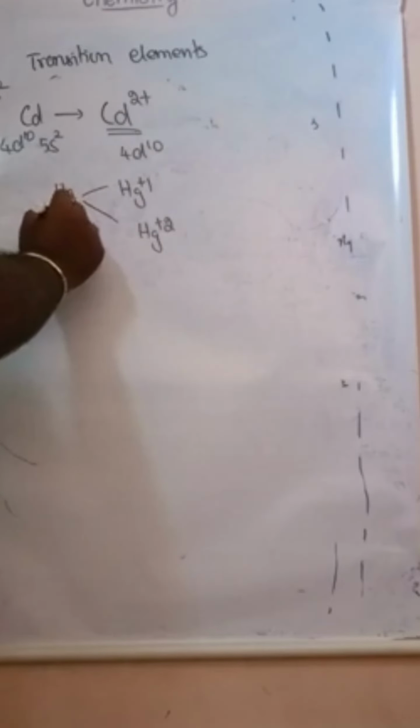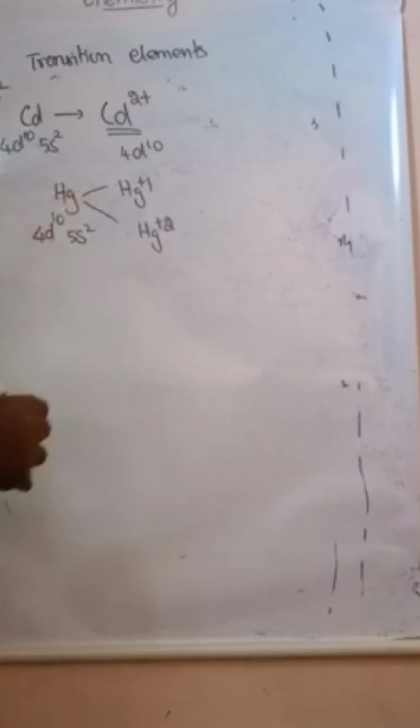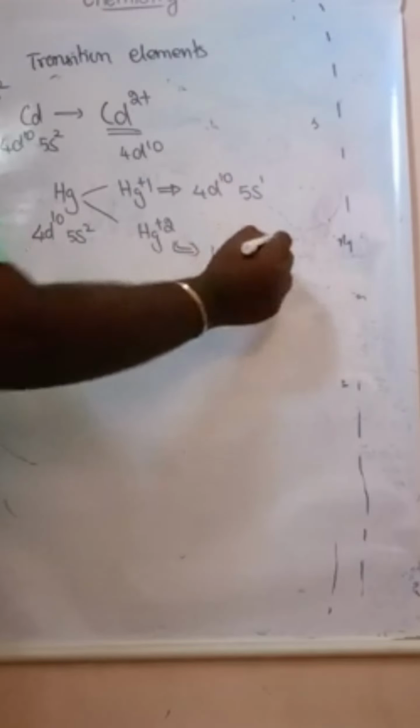For mercury, there are two possible oxidation states, Hg+1 and Hg+2: mercurous and mercuric. Neutral mercury is 4d10 5s2, in Hg+1 it is 4d10 5s1, and in Hg+2 it is 4d10. Here also completely filled, every time.